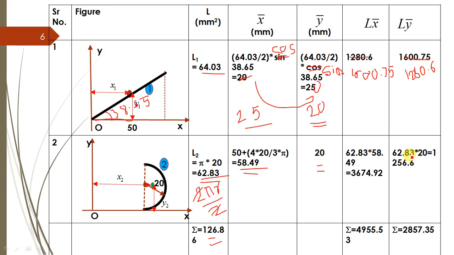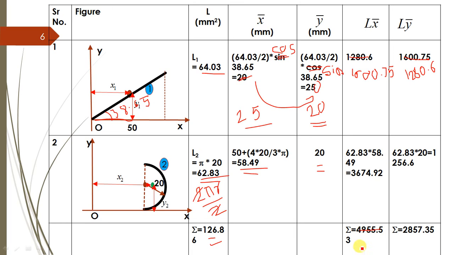That value is 3674.92 plus 1600.75, which is 5275.67.